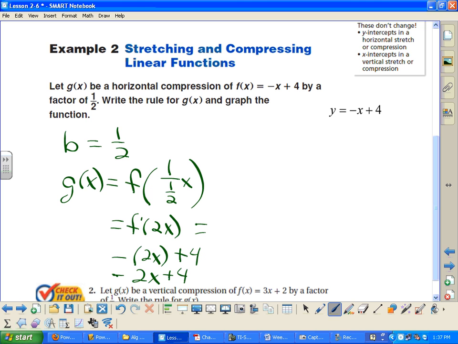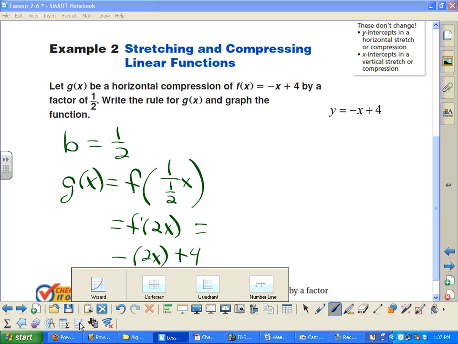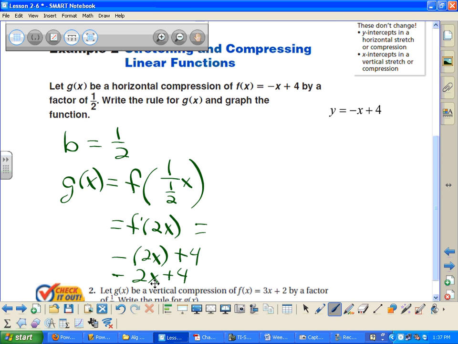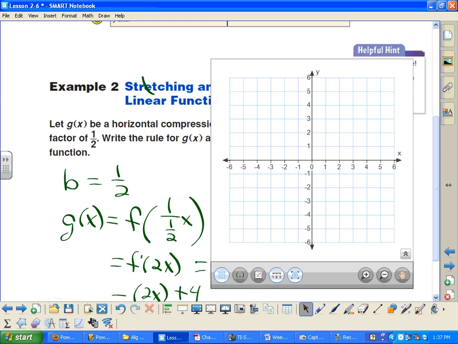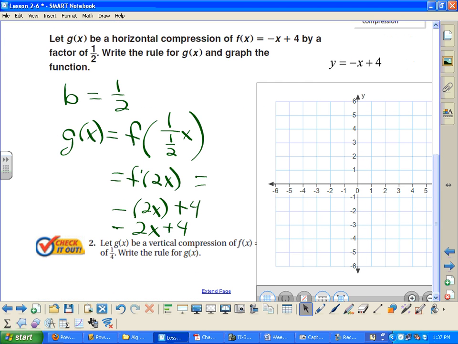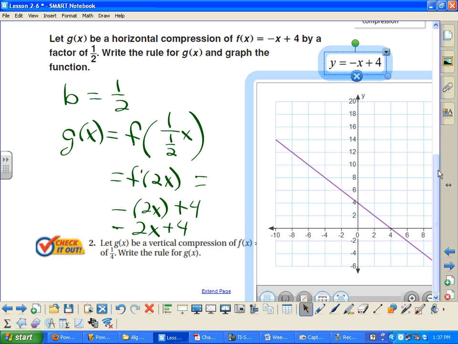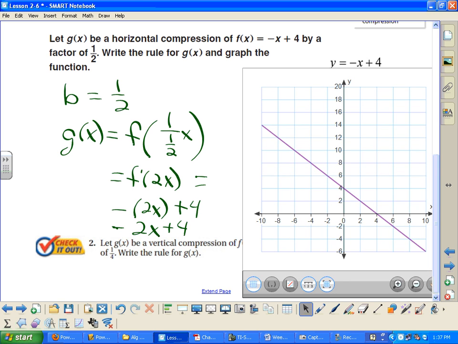Now let's think about this for a second. Let's graph it. Here we go. So if I graph this line, okay, y equals negative x plus 4, and it says we're going to compress it horizontally by a factor of 1/2.